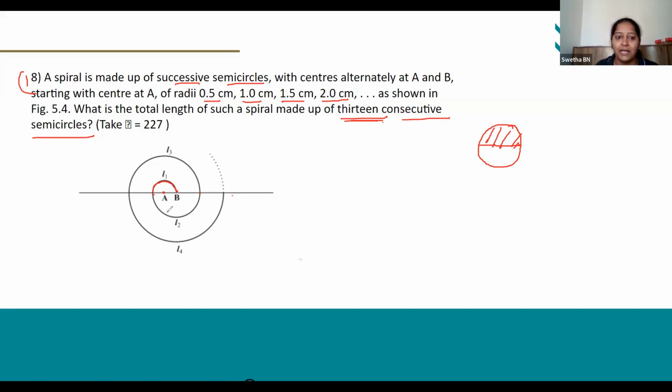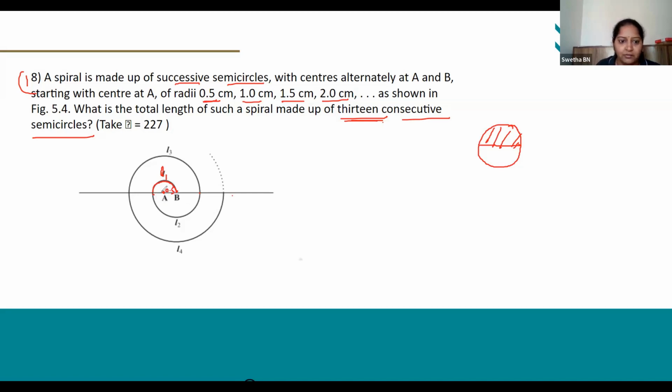Got it, children? And are you getting my points? See, A and B are 2 centers here. See, for the first semicircle, this is L1. For this semicircle, which is the center? A is the center. What is the radius of the first semicircle? It is 0.5 centimeter.